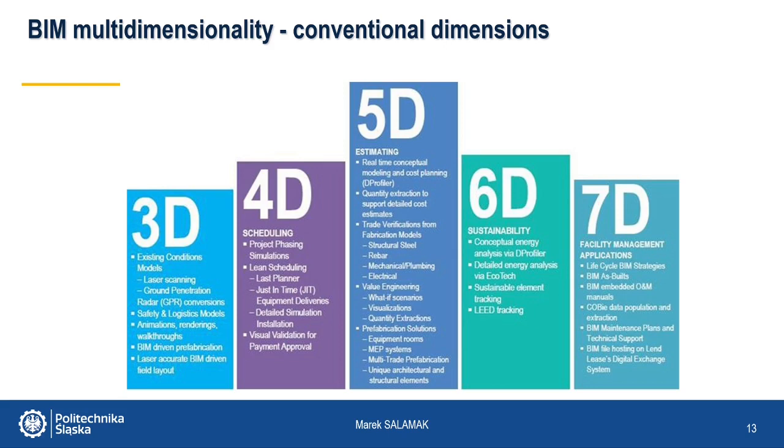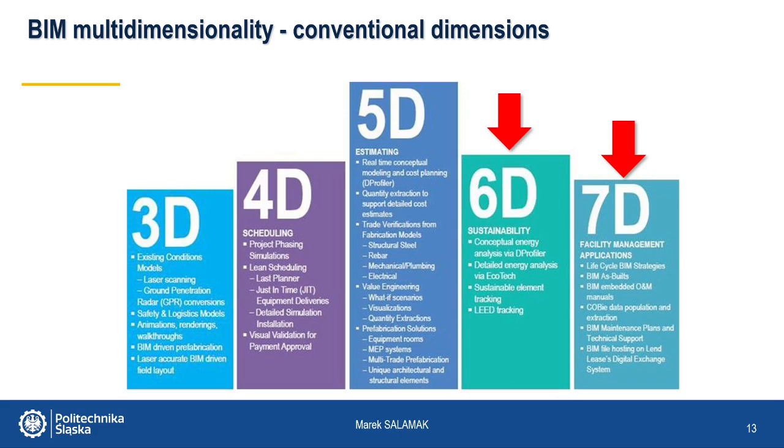Well, 3D is really just geometry itself. The fourth dimension is time, understood as schedules. The next dimensions are very conventional. So we have 5D, which means costs, and 6D and 7D, which relate to facility management in general.